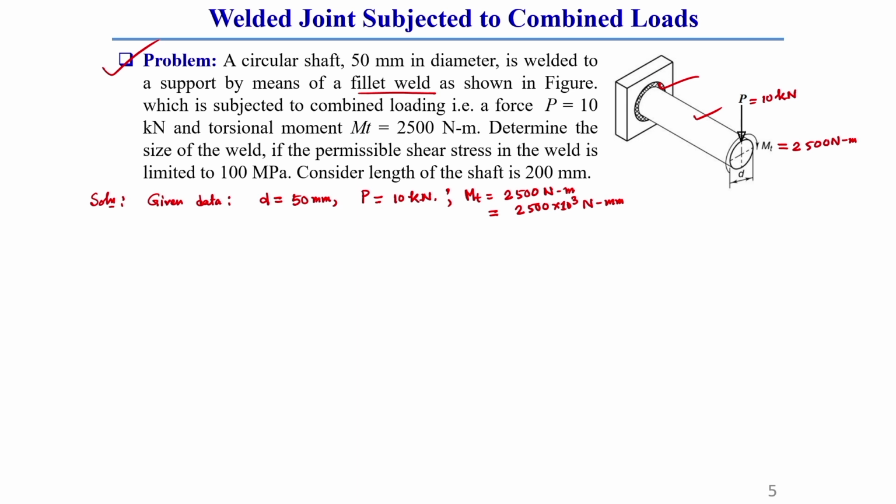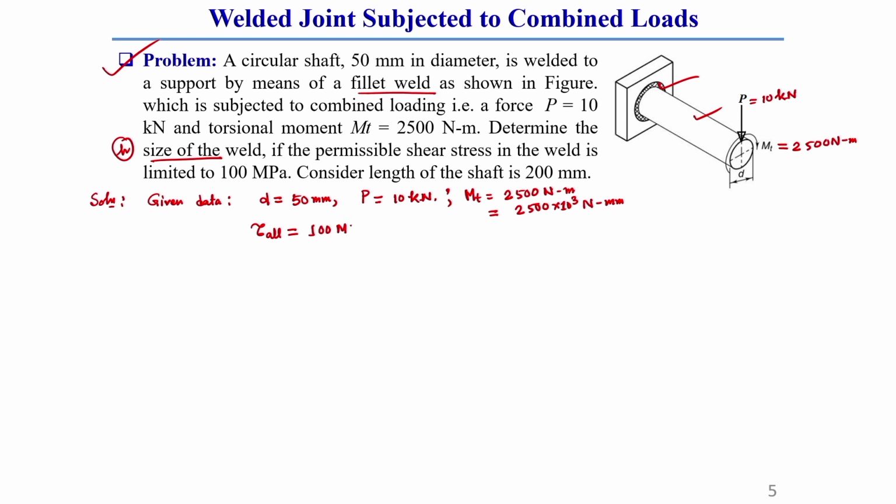Now determine the size of the weld. Here we need to find out the design size of the weld so that it can sustain this transverse force P as well as the torsional moment MT. The allowable shear stress is given as 100 MPa.